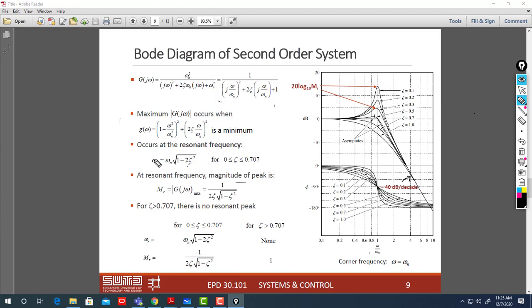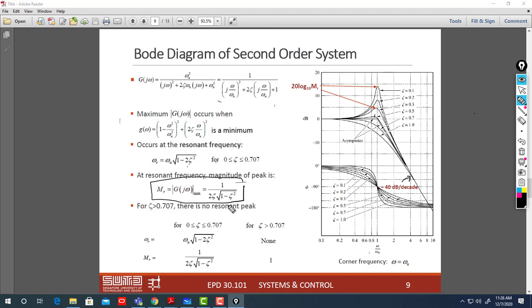Now I put omega r in the magnitude of G(j omega) in order to get the amplitude, in decibel or not in decibel. If you don't want it in decibel, just put omega r in omega and find the magnitude. You get the maximum of |G(j omega)| equal to 1 over 2 zeta square root of 1 minus zeta squared.